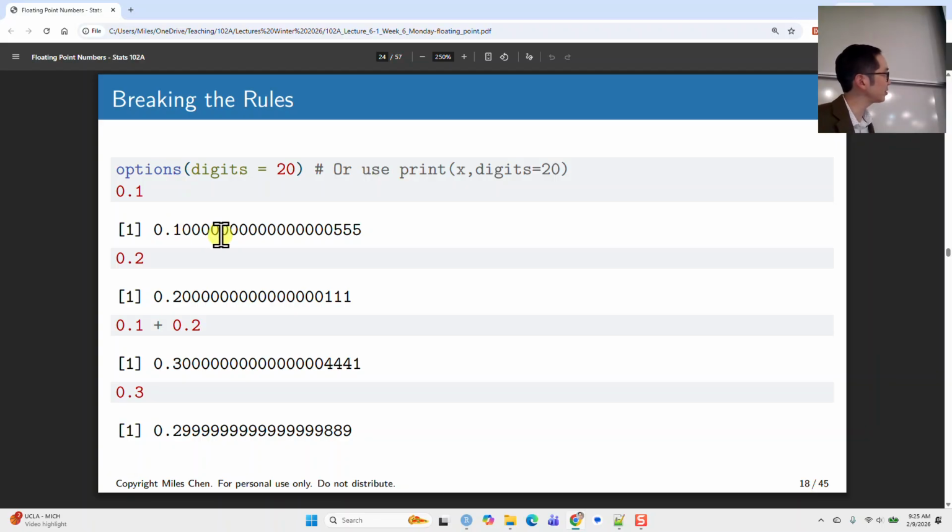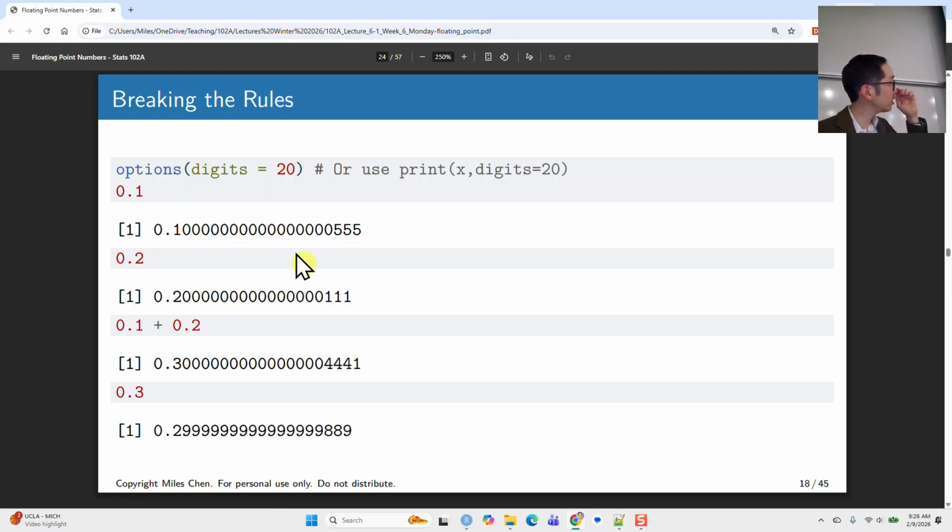It's 0.1000000, something very close to 1/10, but it's got this extra junk, 555, at the end. And what's 0.2? 0.2 comes back with blah, blah, blah, 111. I guess that makes sense, because if I multiply this by 2, I would probably get that.